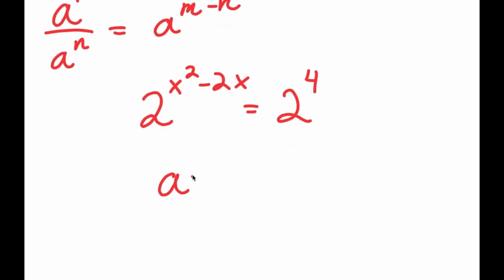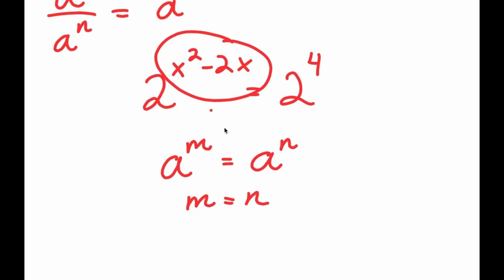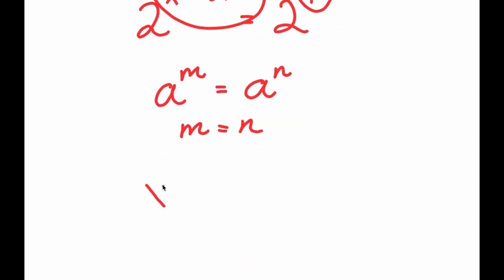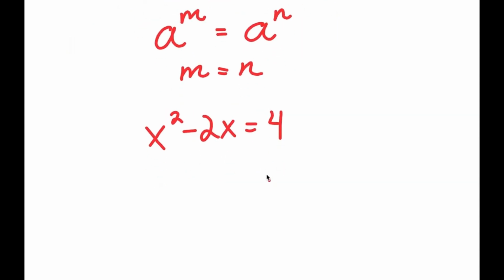Now, if I have something in the form a to the power of m is equal to a to the power of n, this means that m is equal to n. So in this case, m is x squared minus 2x and n is 4, so I get x squared minus 2x is equal to 4.